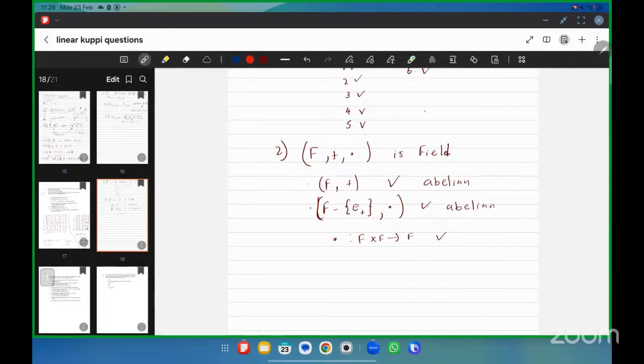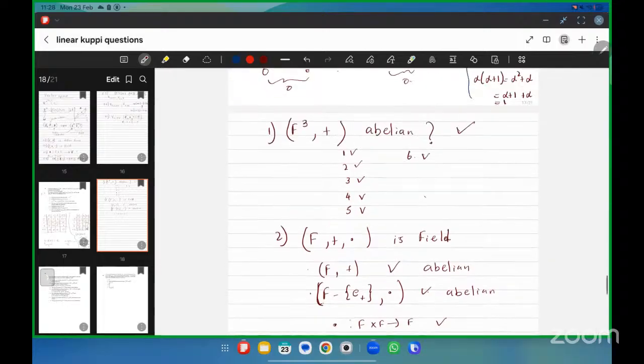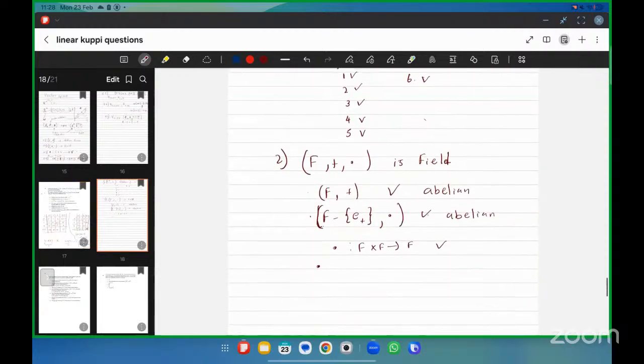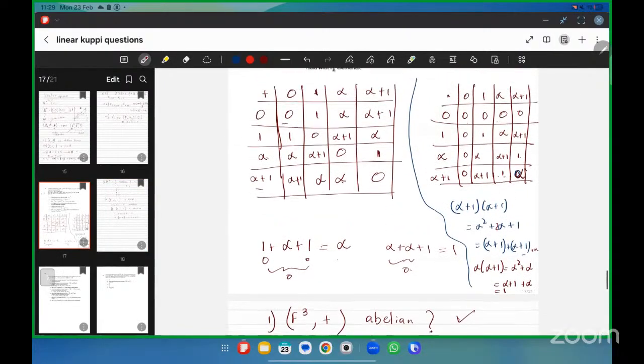The final one is the distributive law: A dot (B plus C) is equal to A dot B plus A dot C. That is also true, you can check it.